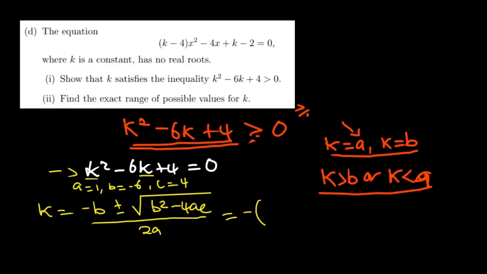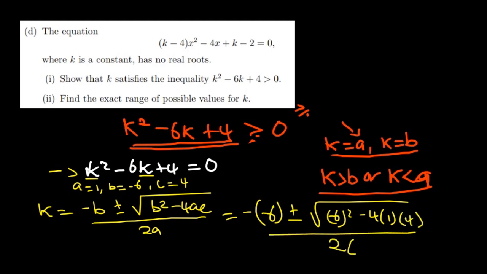So our b is minus 6, and then plus or minus the square root of b squared, which will be minus 6 squared, then minus 4 times a, which is 1, times c, which is 4, and then we divide all this by 2 multiplied by a, and a is 1. So that's the quadratic formula that we have there.